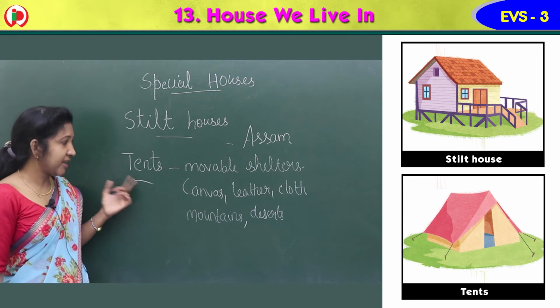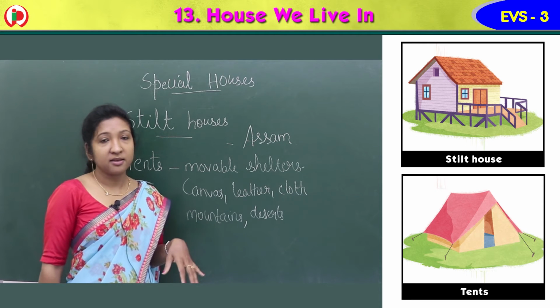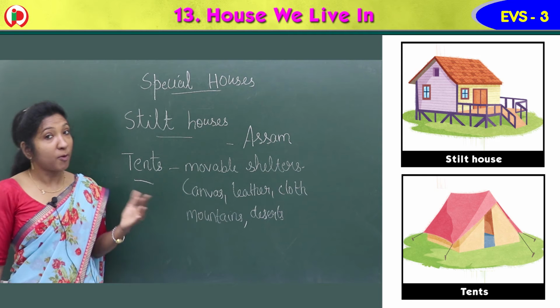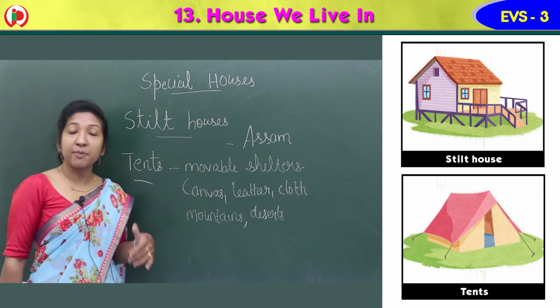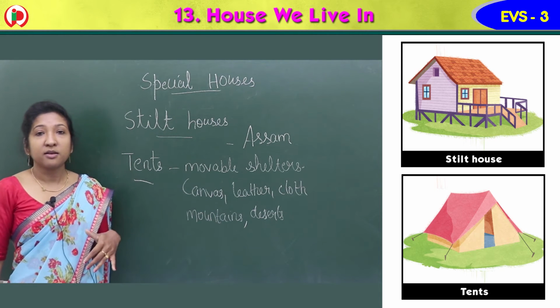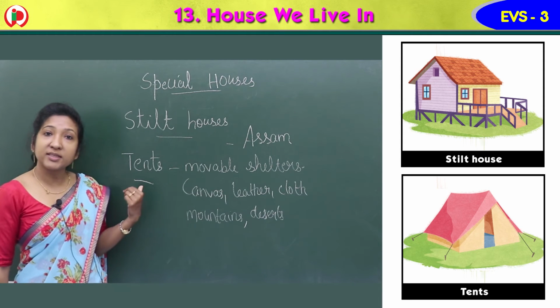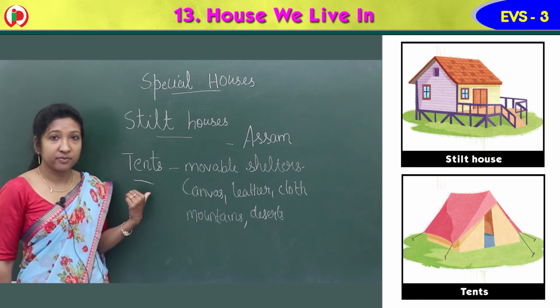Then tents. Tents are called movable shelters. They are made up of cloth, cotton cloth or polished cloth like leather and canvas. People in mountains and deserts use these kinds of movable shelters called tents.